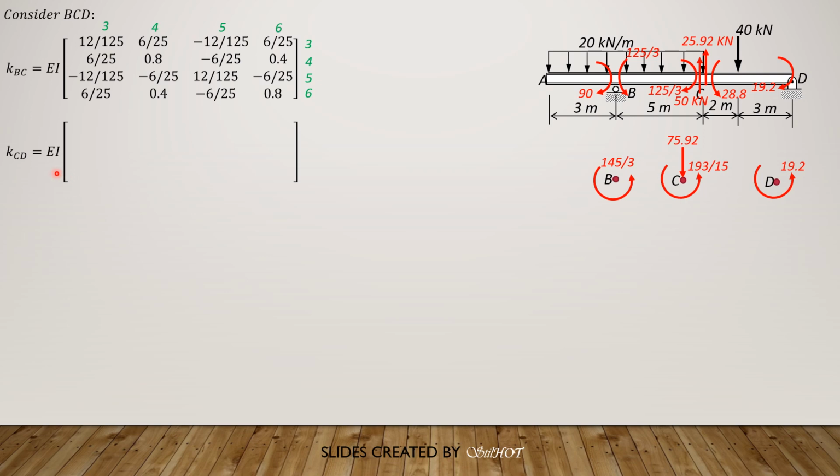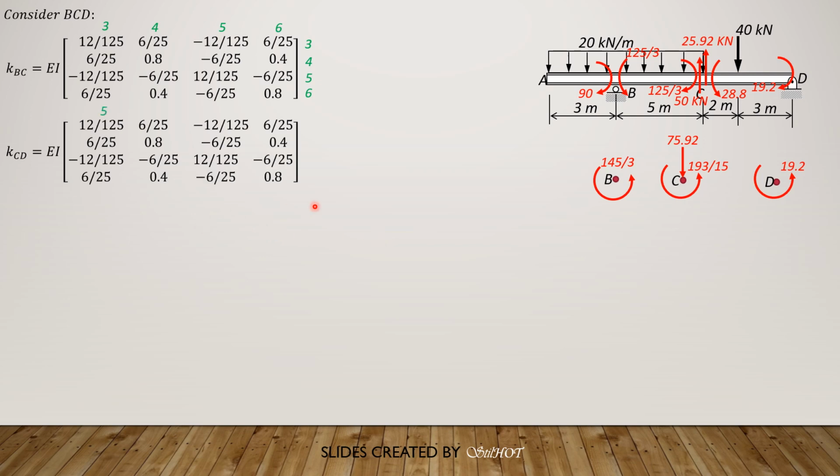So for member CD, factor out EI, then we have the same matrix, because they have the same length and EI. And the numbering is 5, 6, 7, 8 for member CD.